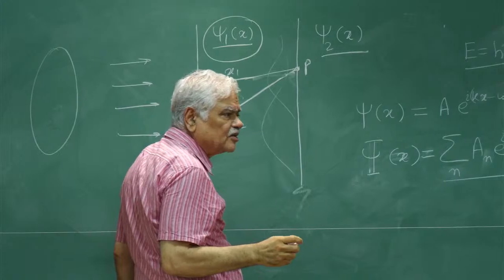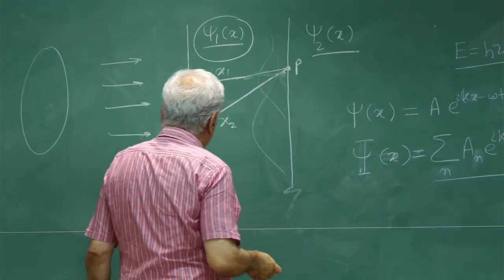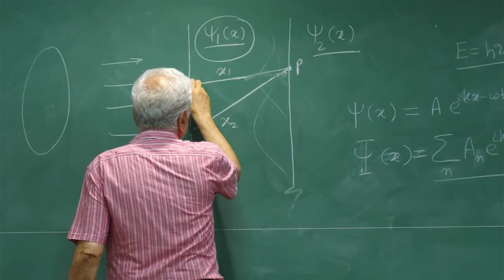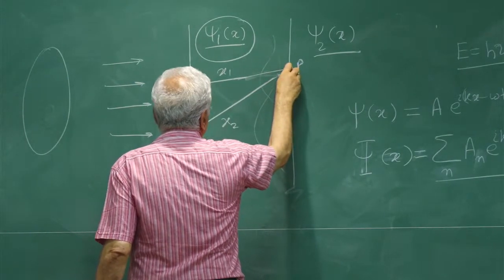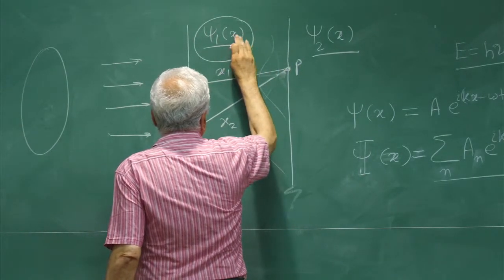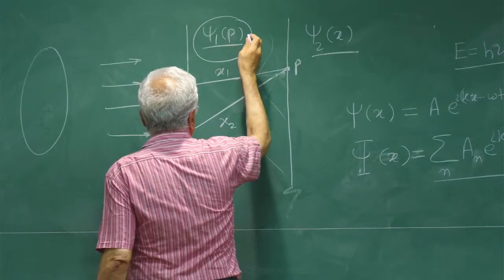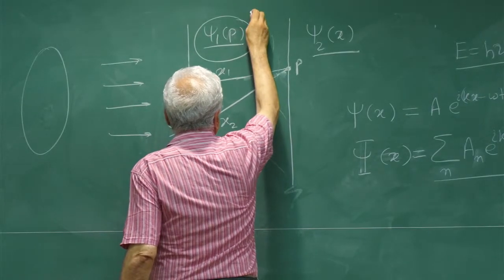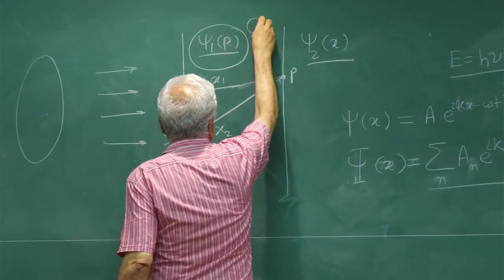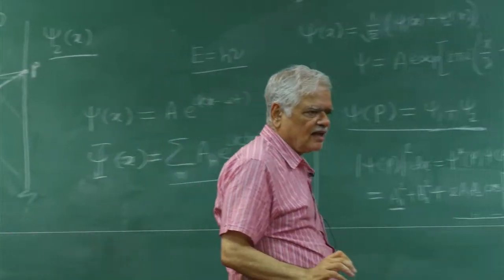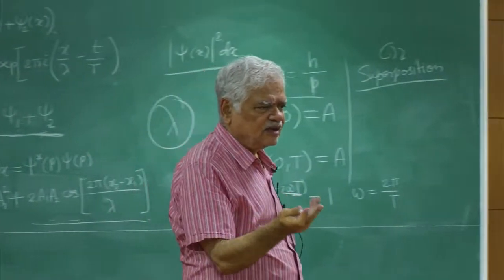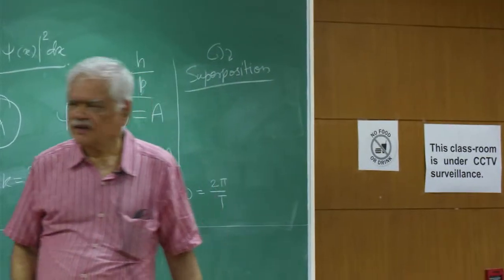When S2 is closed and the electron hits at P, I get psi1 P, and I'll call the corresponding value 0. I'm sitting on P only. My measurement is to find out the electron at P.